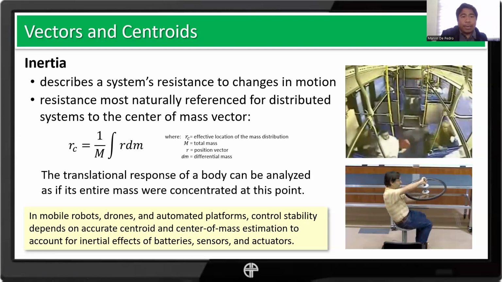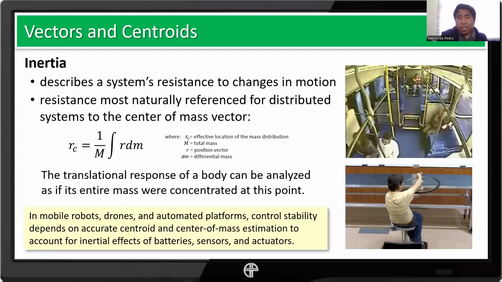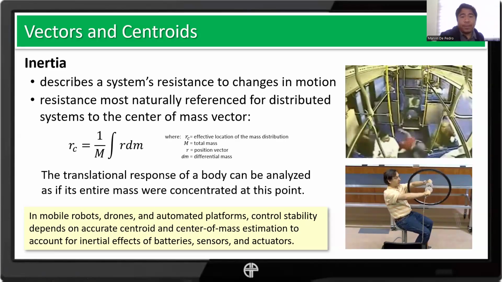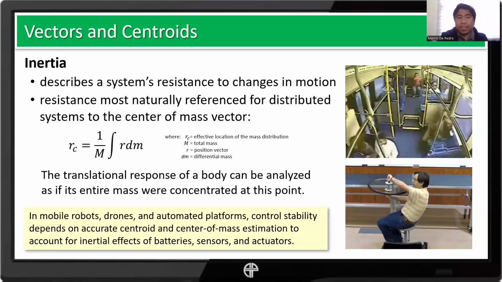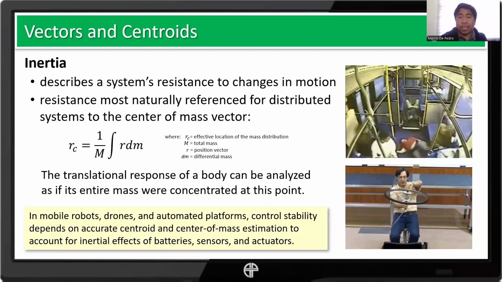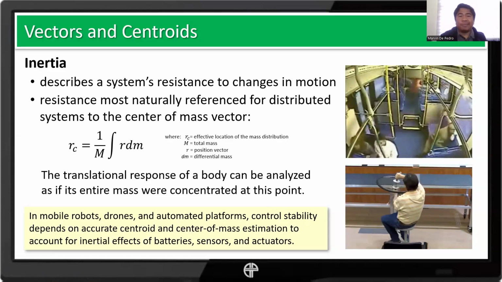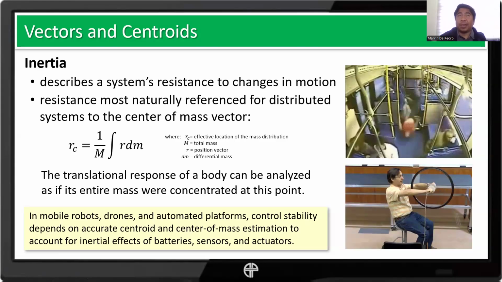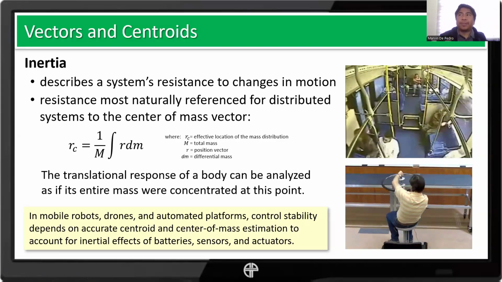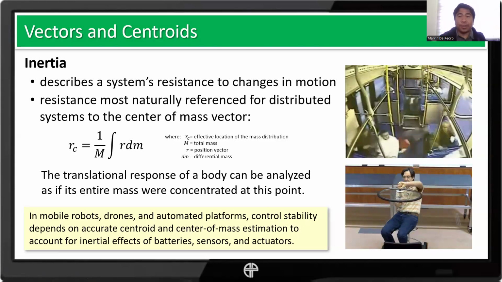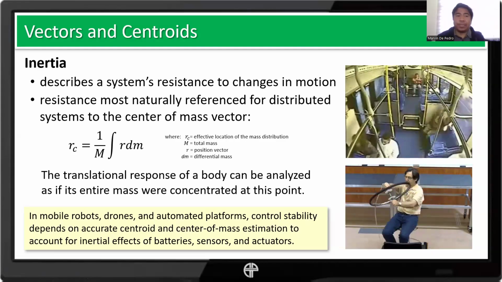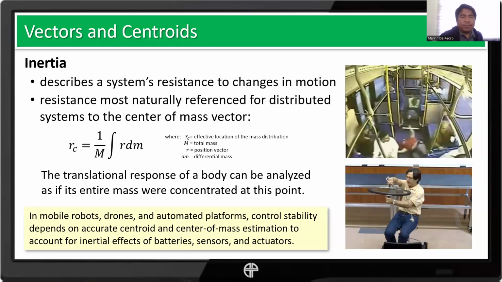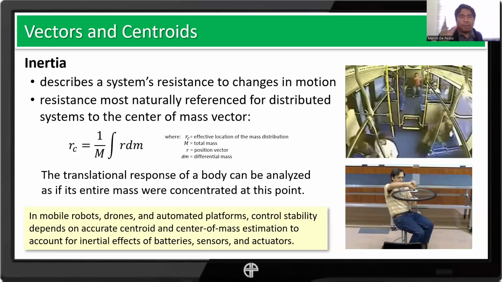The translational response of a body can be analyzed as if its entire mass were concentrated at this point. So we are considering uniform or homogeneous distribution of mass in an object. Where do we apply this?